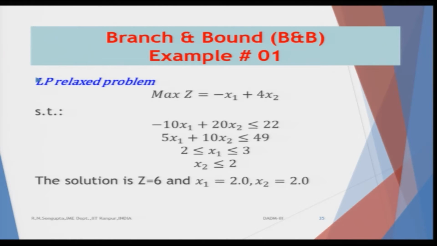So, the actual integer programming is maximize z equals minus x1 plus 4 x2. The first constraint is minus 10 x1 plus 20 x2 is less than or equal to 22. The second constraint is 5 x1 plus 10 x2 is less than or equal to 49, and x1 is between 2 and 3, which you have already decided, because why less than 3?